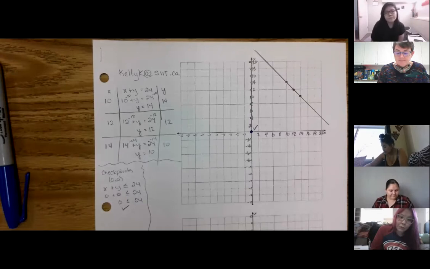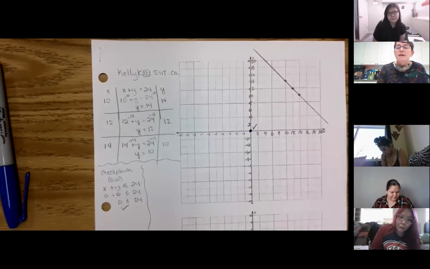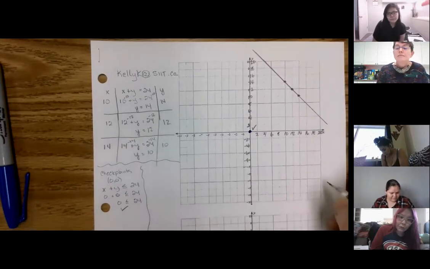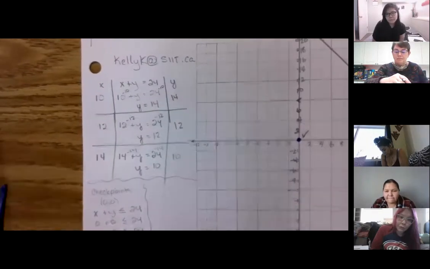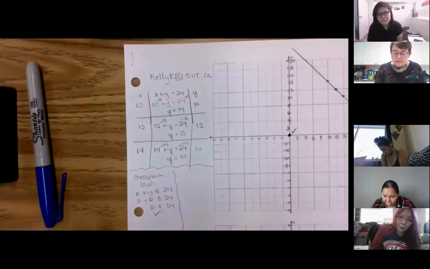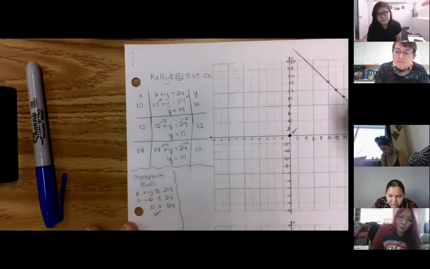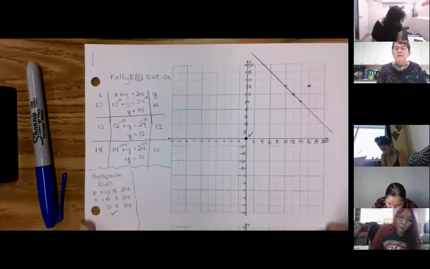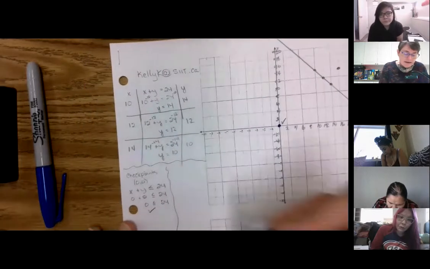So this side we've already done, so I need a coordinate of something up there. 16 and 14. 16, perfect. There it is. Yes, so 16 and 14. All right, so here we go again.